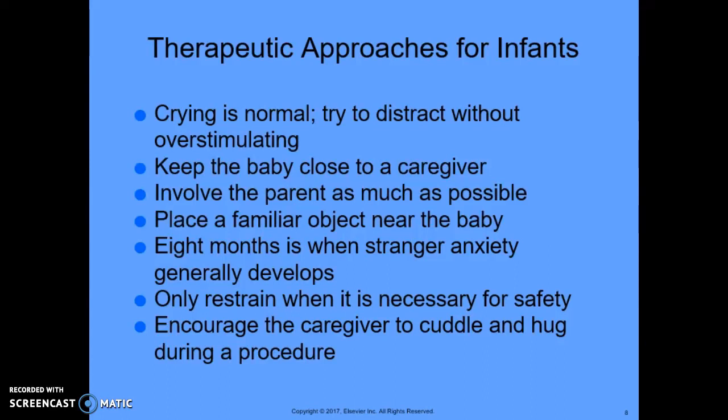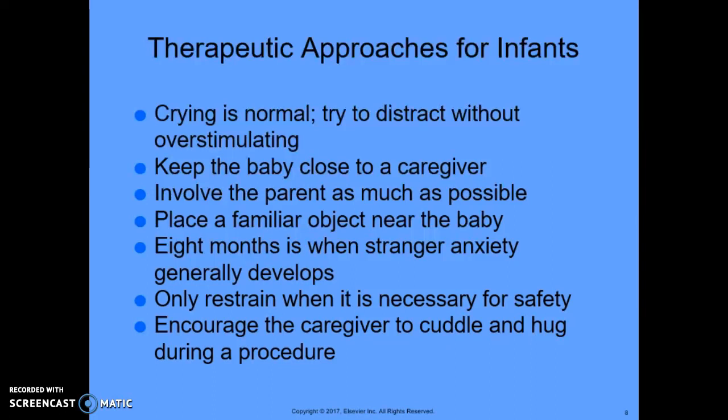So 8 months old is usually when we see stranger anxiety start to develop. And we only want to restrain when it's necessary for safety. You will notice on your resource videos this week, there was a student video that was kind of cute of the right and the wrong ways to deal with children, and this also qualifies for infants.